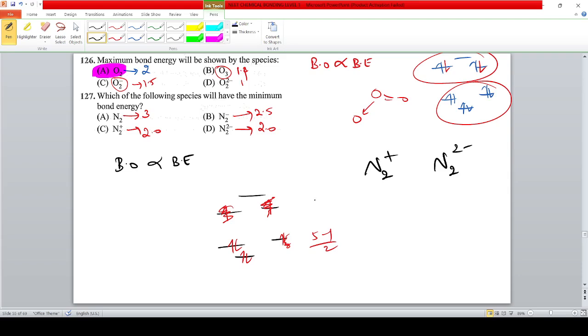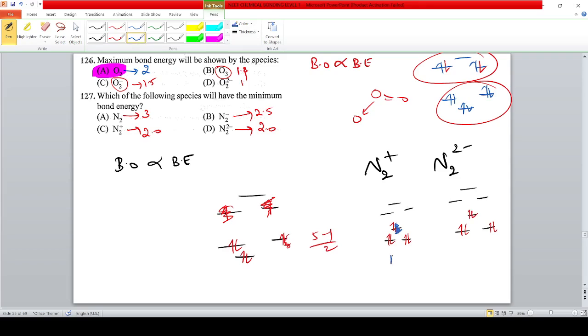Right. In order to explain this, again I will go for the diagram. Nitrogen will be like this. First diagram, 1, 2, 3, 4, 5, 6. This is nitrogen. Think of carefully. Plus means I have removed an electron.